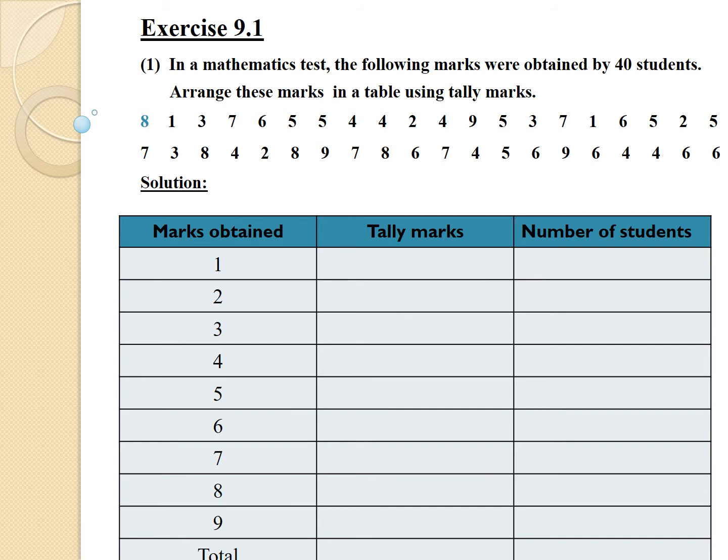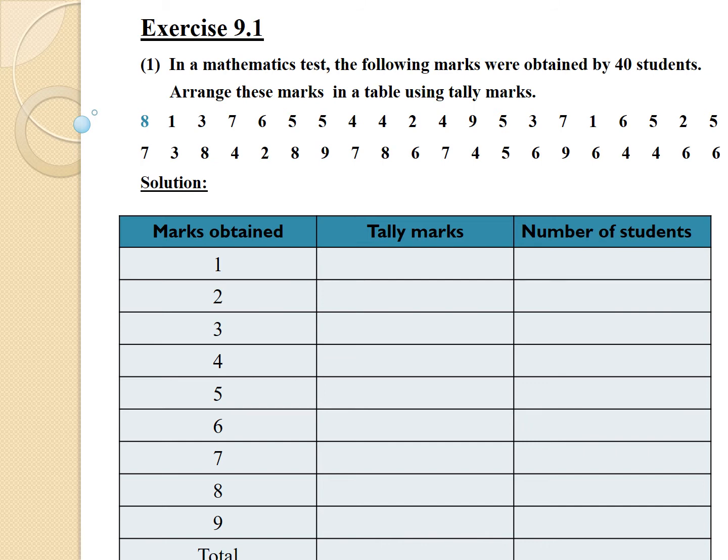Students, you have to remember that you have to arrange the given marks in ascending or descending order, and you have to put tally marks in second column in front of marks obtained. So let's construct the table and arrange the marks in ascending order and solve question number 1.